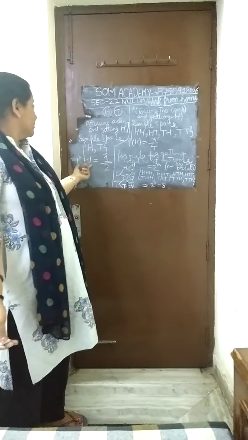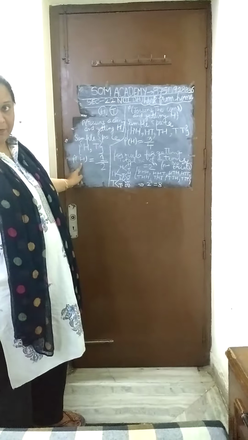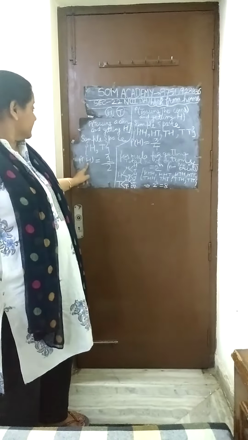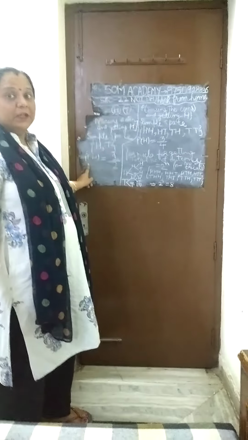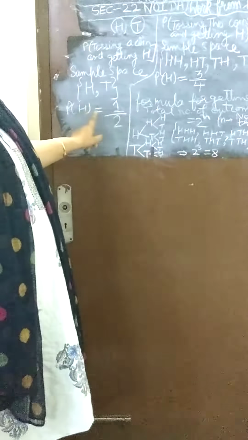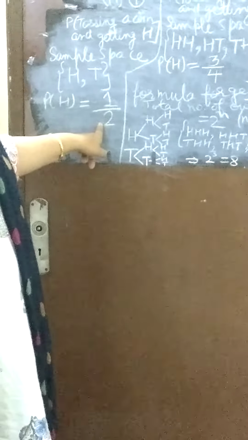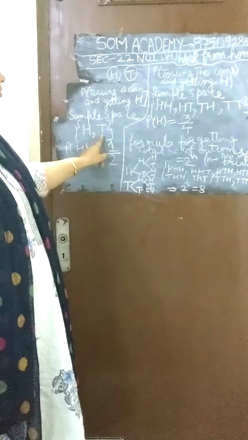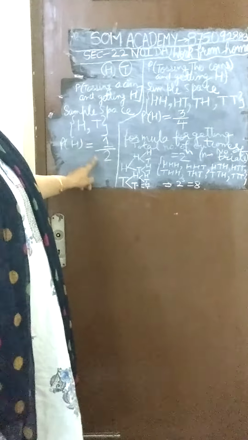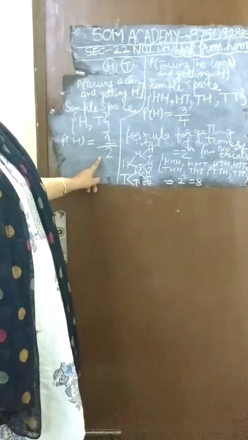Now probability of getting head, look here, this H is visible to you. Probability of getting head gives you favorable number of outcomes, you have only 1, divided by total number of outcomes. I gave you the formula. So 1, 2, these are the total number of outcomes. So you are getting probability of head equals 1 by 2.